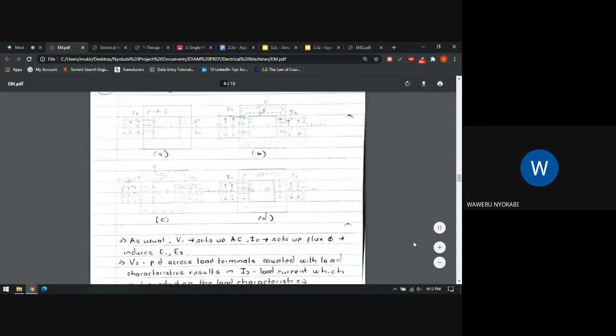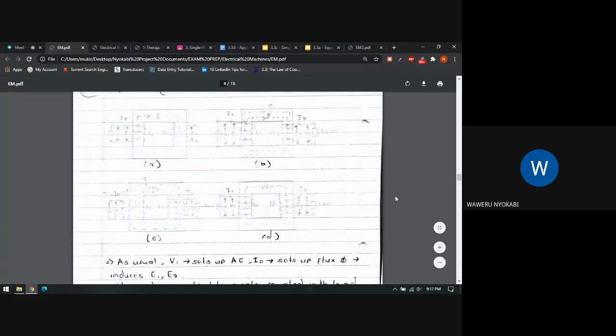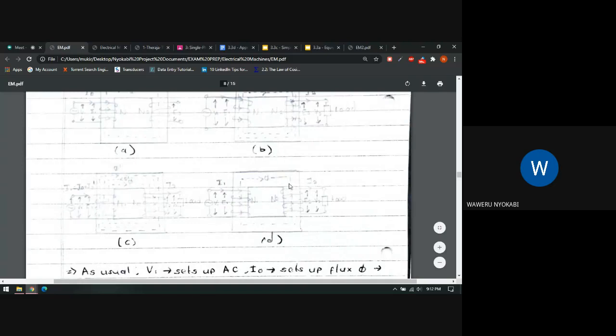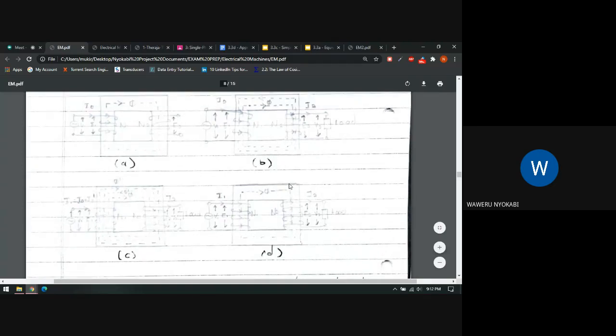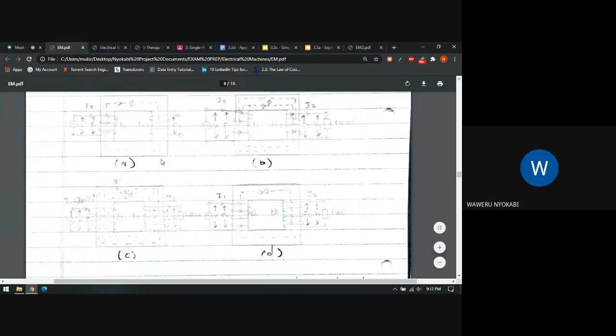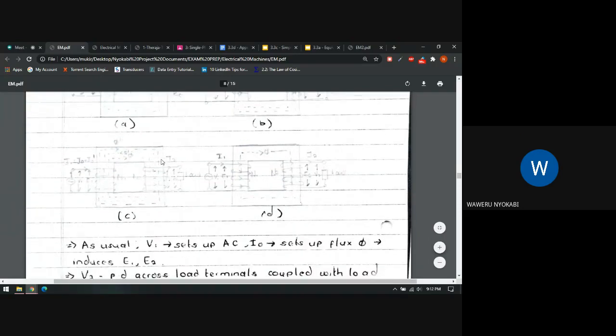Okay, let me zoom in. Now remember, this is how our practical transformer with no load looked. Because we're going step by step, we first start from how we introduced the operation for the ideal.